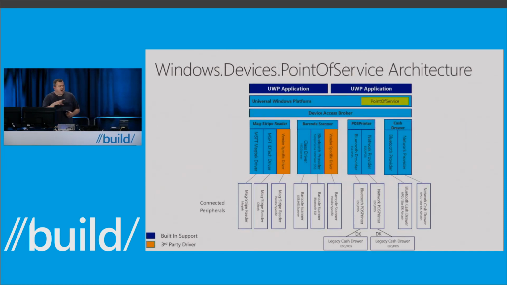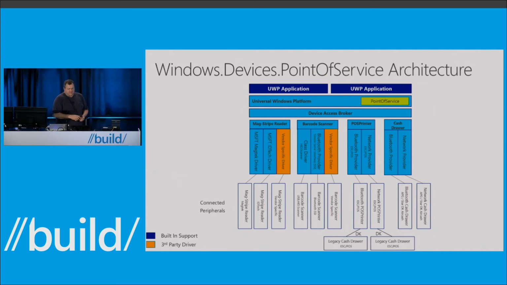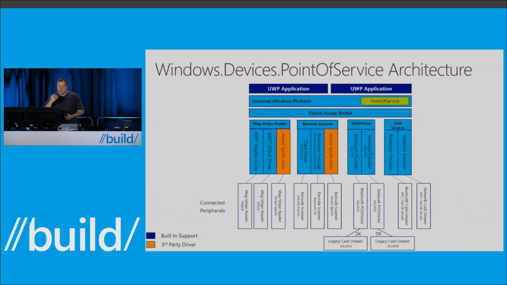So in terms of how it looks from a developer perspective, the UWP applications will talk into the standard Universal Windows Platform, and then we have a namespace, Point of Service, and so you'll get access to classes through that Point of Service namespace.